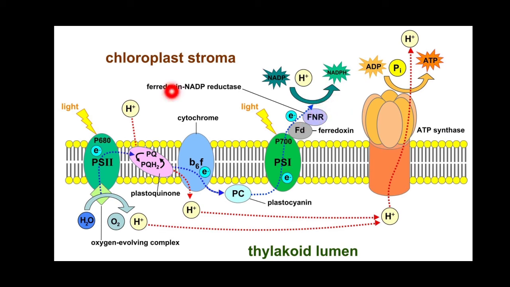The name is written right there. This NADP reductase has one purpose only: to reduce NADP into NADPH2. For that, it again takes a large number of protons, and the electron is transferred from here, and that way NADP is reduced to NADPH, or NADPH2 as it is written in many places.